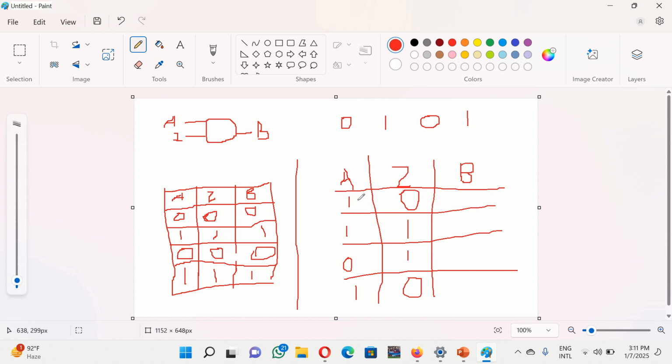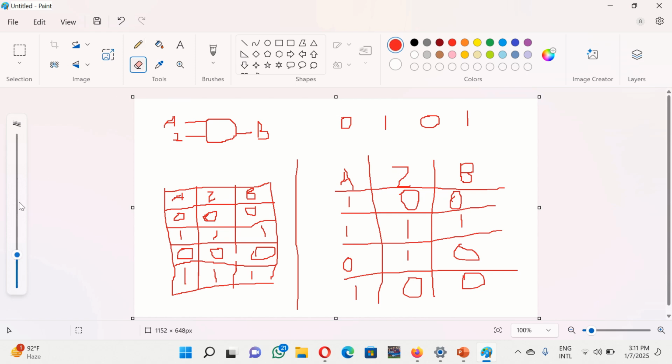So we would have 1 and 0, which is 0 at B. So 1, 1 means both inputs are positive, so we would have a positive answer at B, which is 1. This one is 0 over here, so we still have our 0, and then we still have our 0. Okay, so this is how the AND gate works.